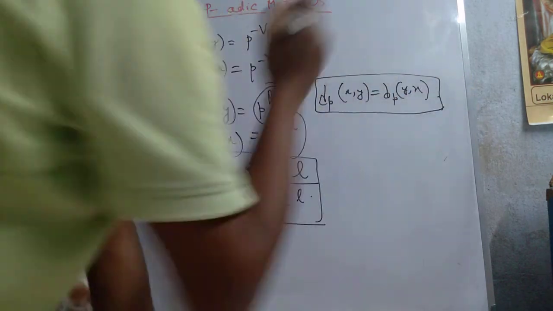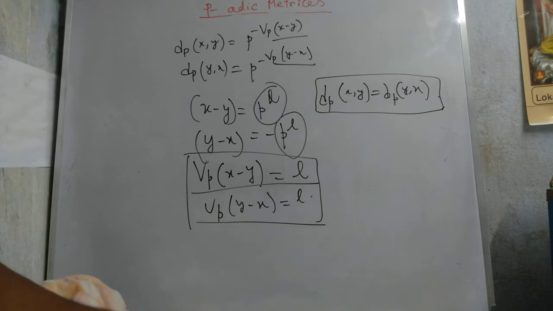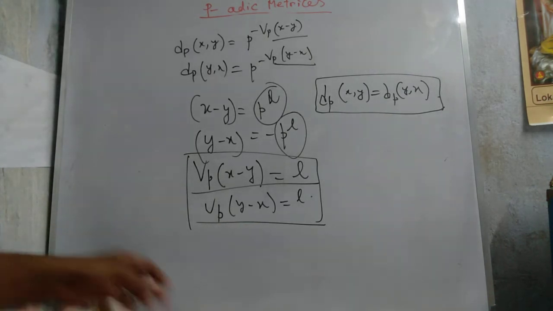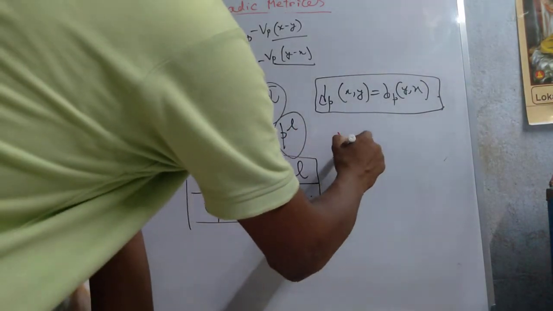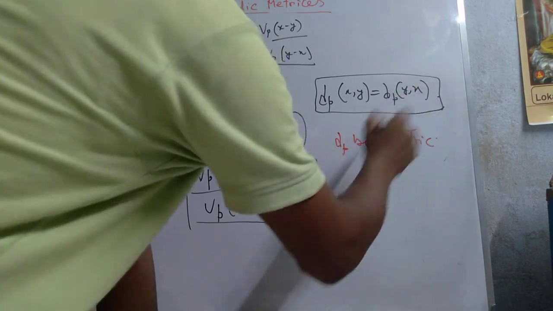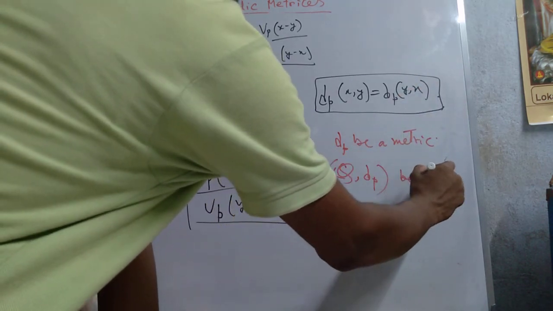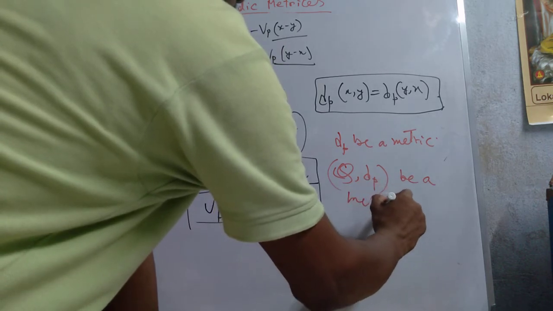Understand? Not a problem at all. Then we prove that d_p is a metric and (Q, d_p) is a metric space.